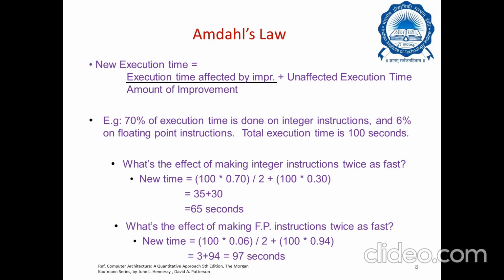So 100 times 0.94 gives you 97 seconds. So the new execution time, if we wanted to make the floating point instructions twice as fast, is 97 seconds.